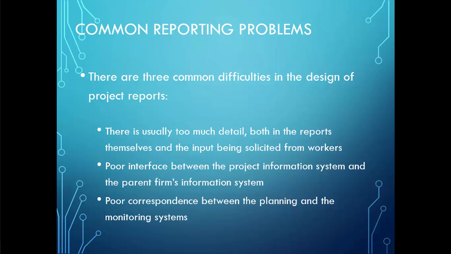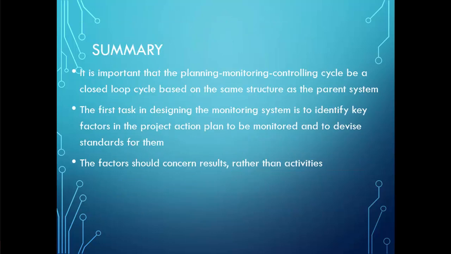The same also if we have poor correspondence between the planning and the monitoring systems. Two systems, they should be integrated together. The move of information between the two systems should be easy, and the flow of information should also be easy. It's important that the planning, monitoring, controlling cycle be a closed loop cycle based on the same structure as the parent system.